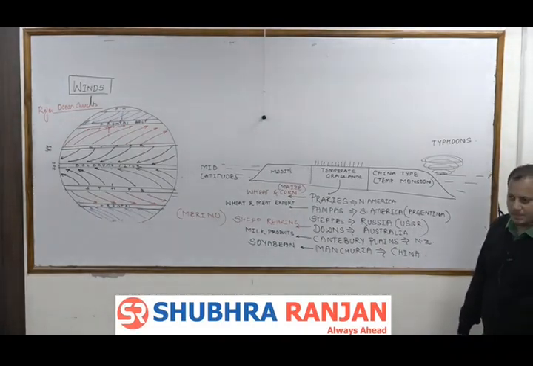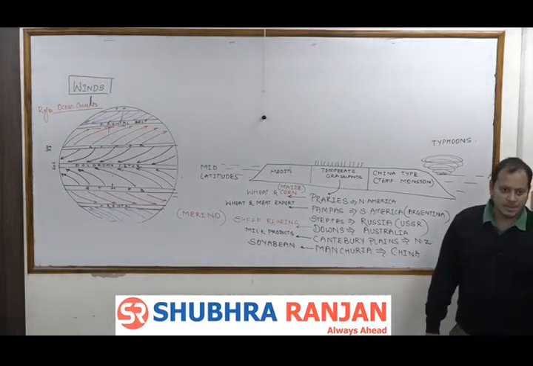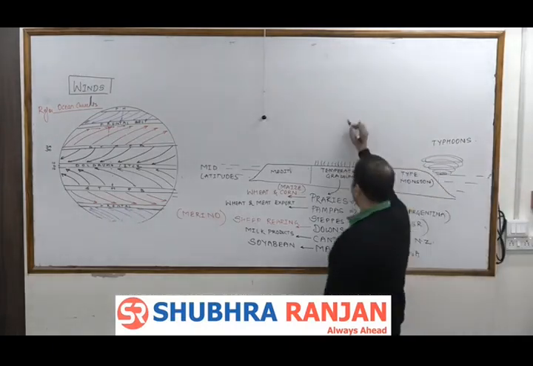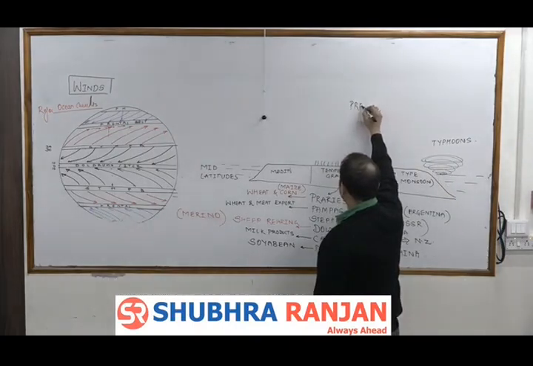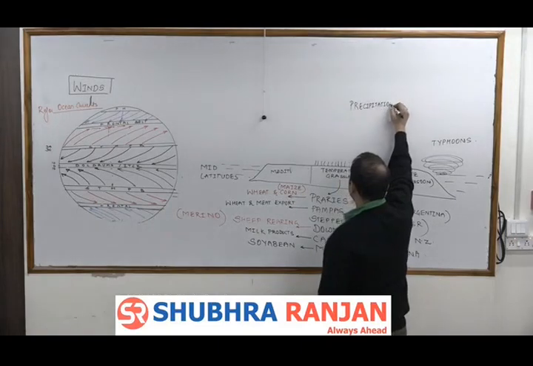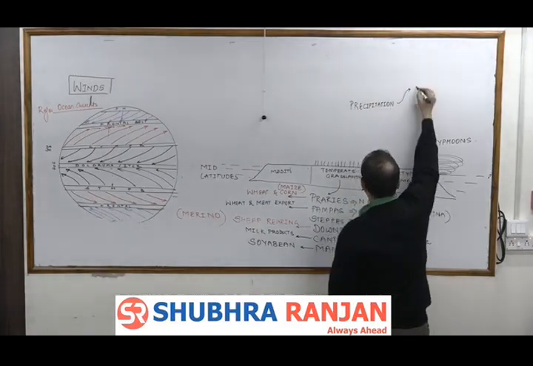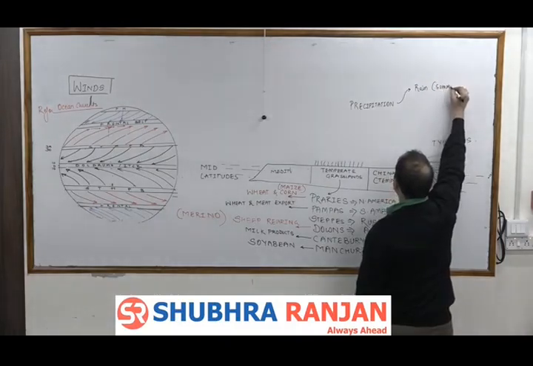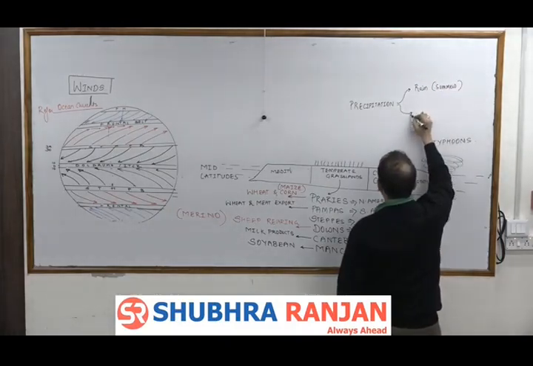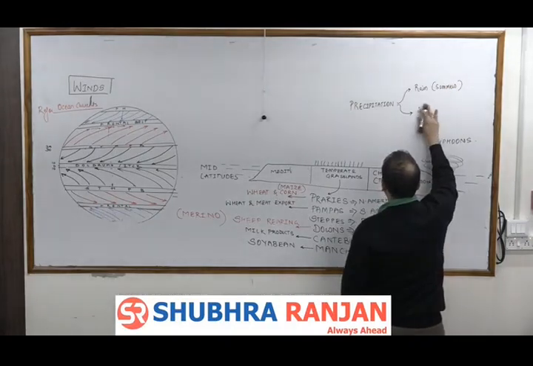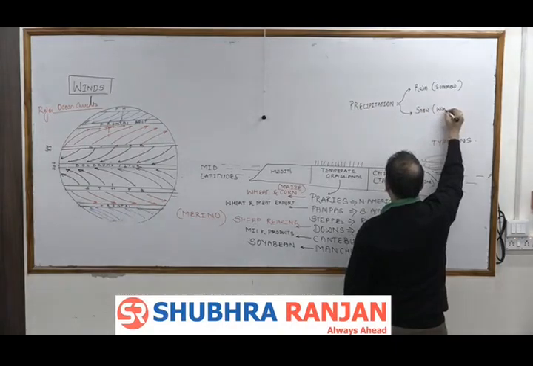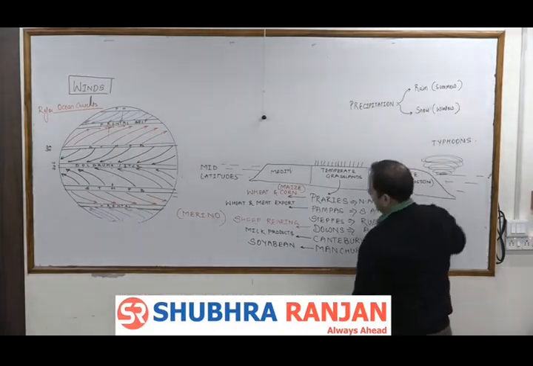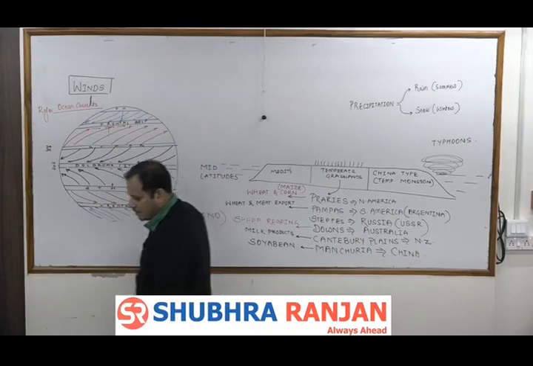Westerlies are responsible for year-long precipitation, not rainfall, which is in liquid form during summers and solid form, that is snow, during winters.